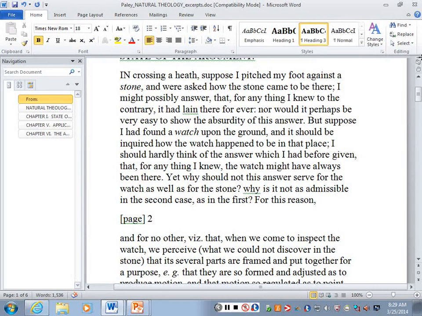And so the design argument, the form of it, is what is called an argument from analogy, where you're basically saying two things, A and B, are alike in certain respects. Let's call these respects A, B, and C. That's your premises.